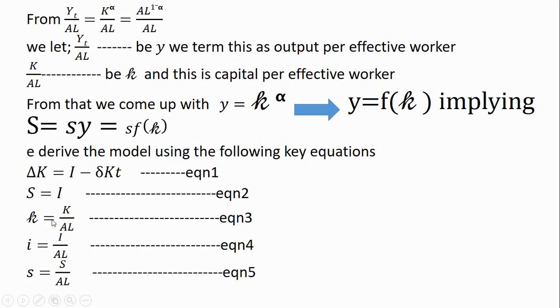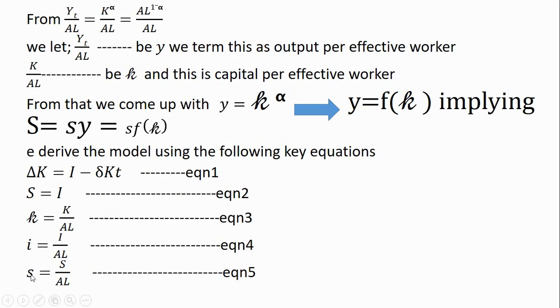Now we also derive our equation from the capital per effective worker equation. We said kappa is capital per effective worker, and it is equal to K over AL. That is also another important equation we need to know and have when deriving this model. Then small i is equal to I over AL, which just shows us that this small i is investment per effective worker.